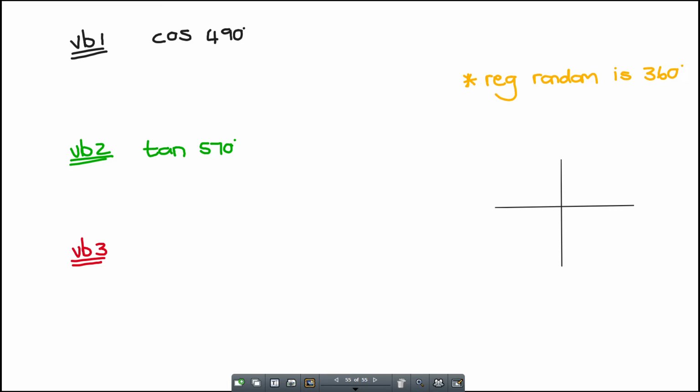So, if I were to give you cos 490, I would start here, and I would go right around to get to 360, nee? En dan sou ek gegaan het 370, 380, 390, 400. Do you guys understand? So technically, it wouldn't be wrong to say, take that 490 and subtract 360.